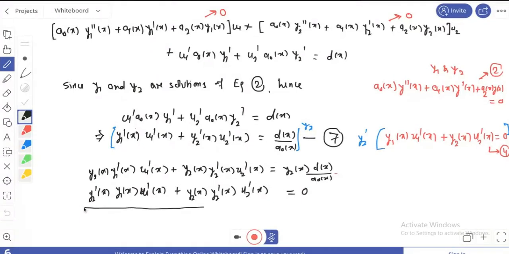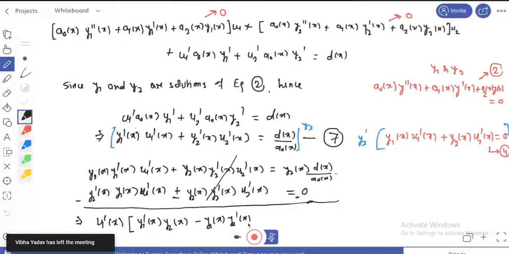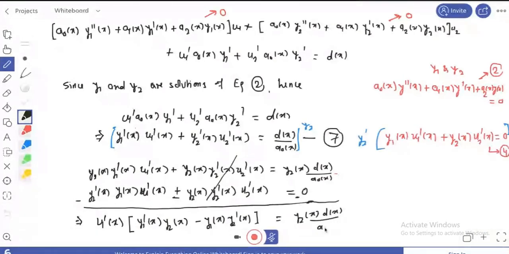Now to find the value of u1', we subtract, so this term cancels out. Now u1'(x) is common, and the first term is y1'(x) y2(x) minus y1(x) y2'(x), and that equals this g(x) over a0(x).